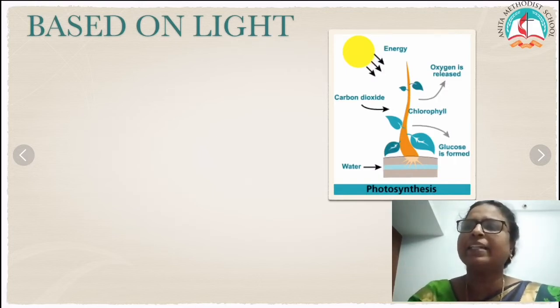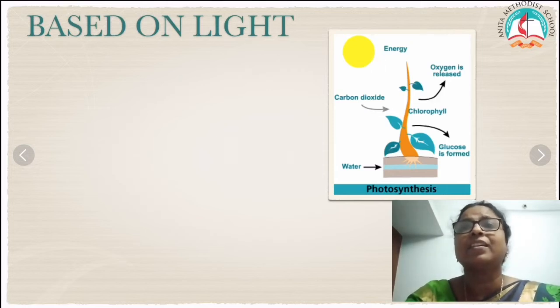Here you can see that the plants get light energy from the sun, then react with carbon dioxide and water, and produce starch. Water and carbon dioxide get the energy from sunlight, and then they prepare starch.